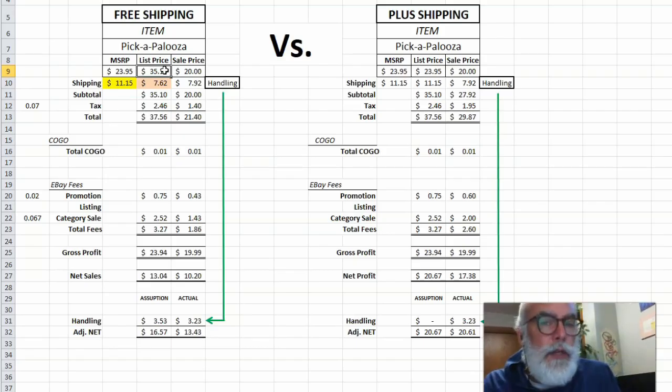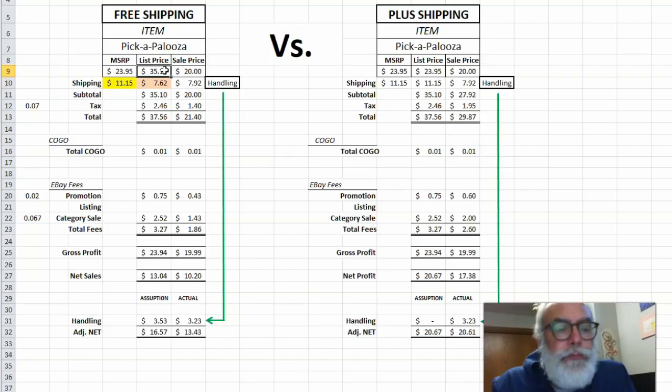So we're dealing with budget versus actual, right? So we budgeted $11.15 for shipping on this item. The actual amount it cost for us to ship this was $7.92, right? Our list price doesn't change, our subtotal doesn't change.